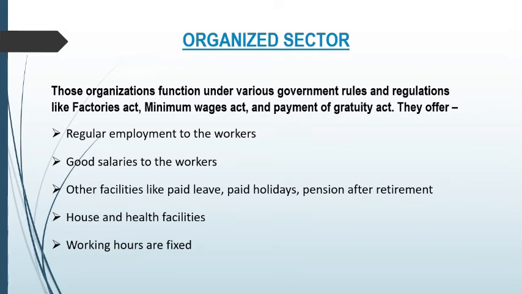This sector offers regular employment along with fixed working hours to the workers. Government salaries, house and health facility, and other facilities like paid leave, paid holidays, and pension after retirement are key highlights of this sector.